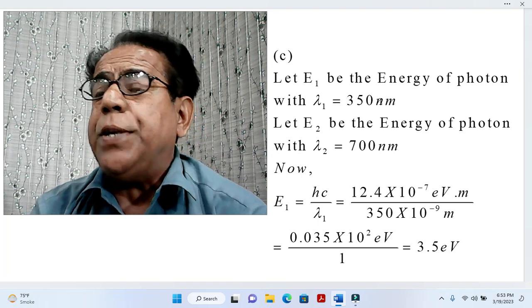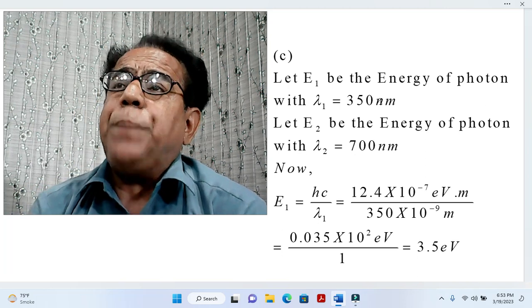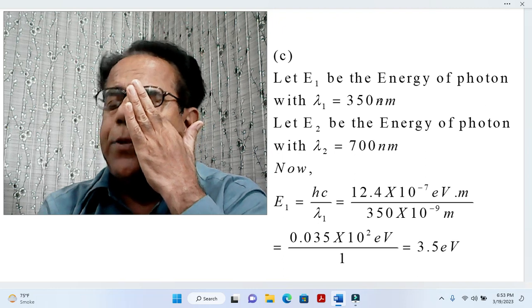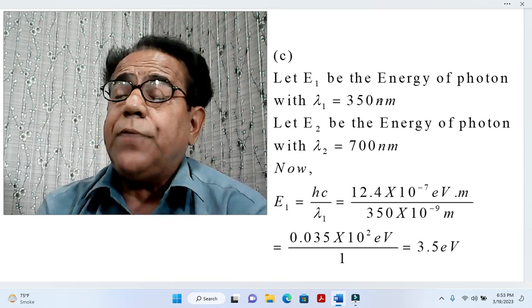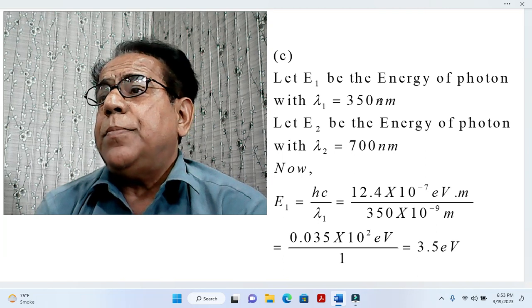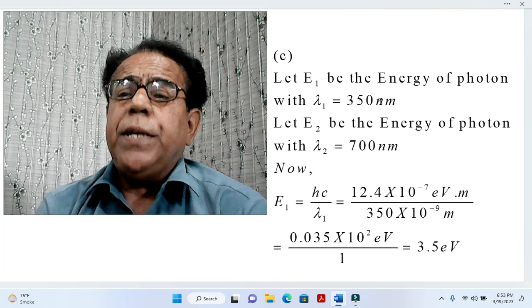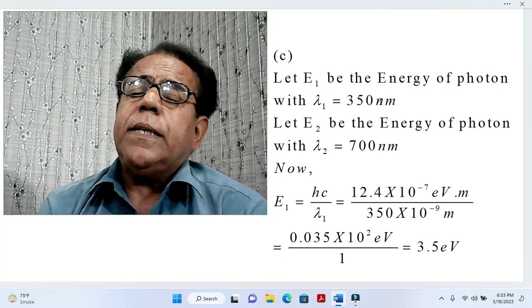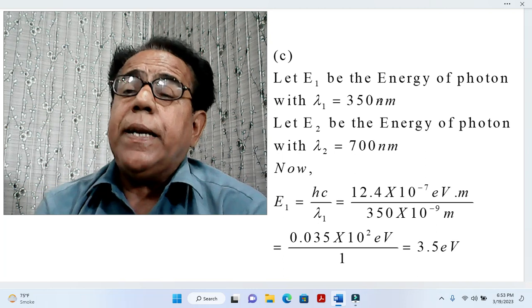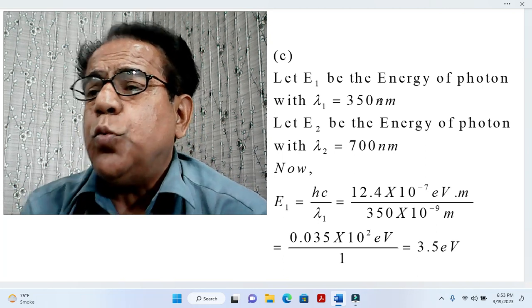According to lambda 1 and lambda 2 we will find their respective energies E1 and E2, which will be obtained from these two wavelengths.